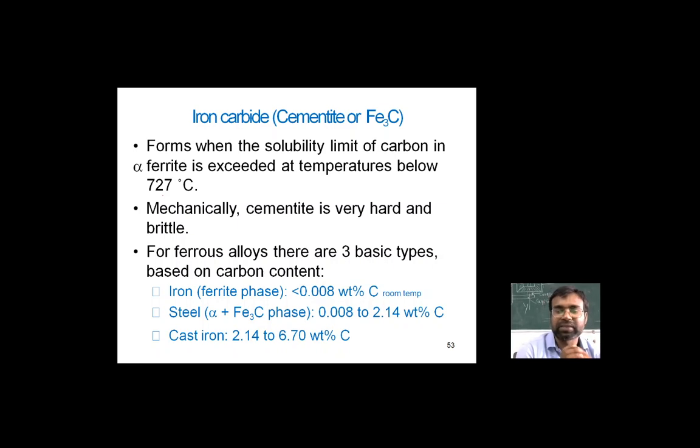And cast iron ranges from 2.14 to 6.67. So iron having 0.002 to 0.008% of carbon has a very minute carbon percentage, and it is a form of pure iron, and also the mild low carbon alloy steel.